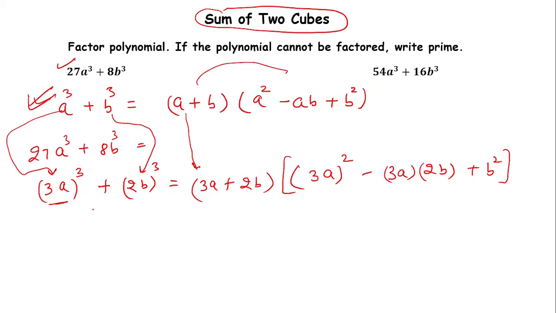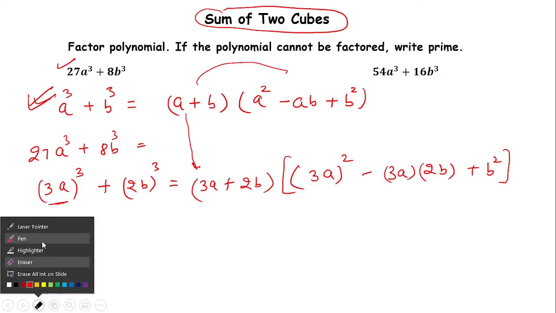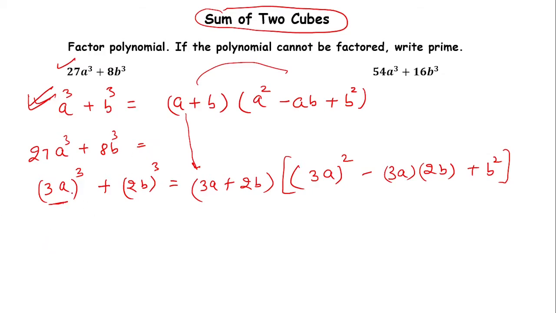Let me tell you one more way to write this answer. First you need to understand this identity. The sum of cubes of two numbers is equal to the sum of the numbers a plus b, then their square and negative their multiplication.